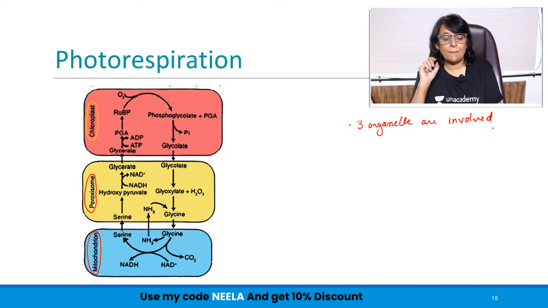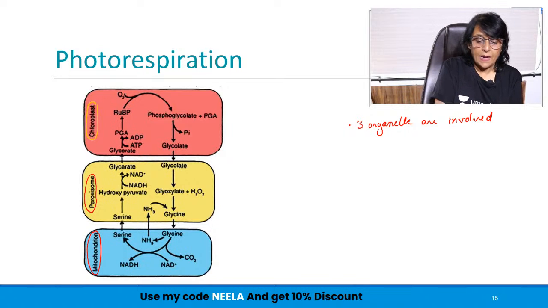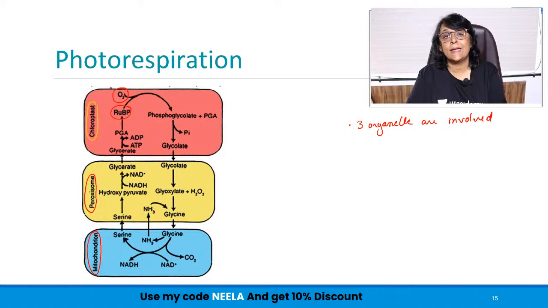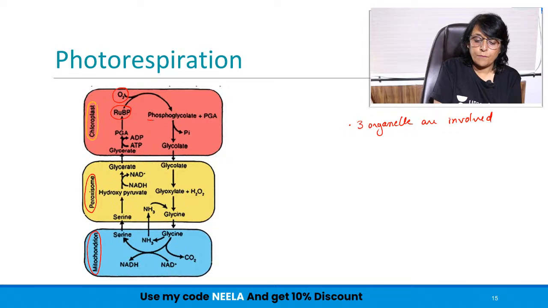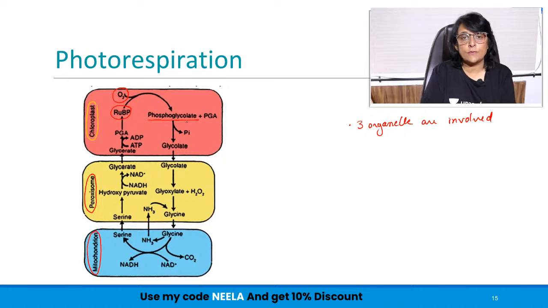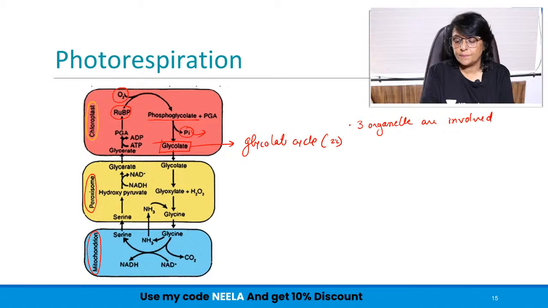Now see what is happening here. RuBP is taking oxygen, or oxygen is getting added to it, because of which phosphoglycolate is formed, and then this phosphate is given out, so glycolate is formed, and that is why it is called the glycolate cycle. This is a 2-carbon compound.